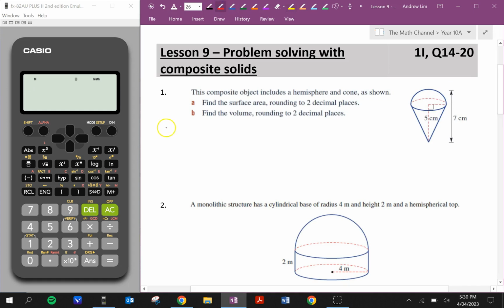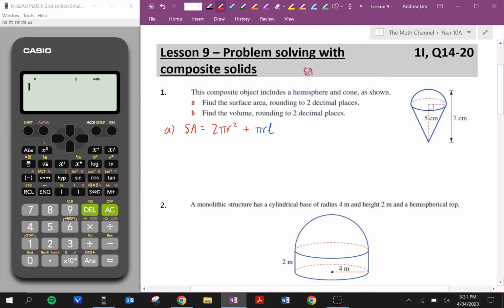So, for question A, we know that the surface area is the area of the curved surface of the hemisphere. That's just 2 pi r squared. And the curved surface of the cone is pi rl. Okay, so make sure you know your formulas.